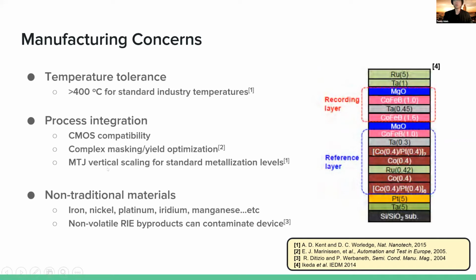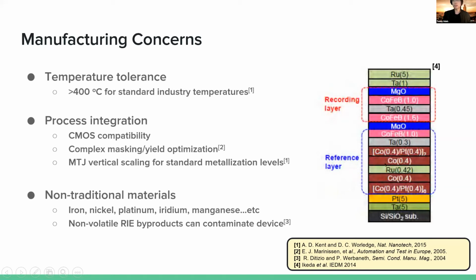And so one example of a practical concern would be your MTJ scaling needs to be small enough to fit between metallization levels in your conventional CMOS device. If it's too big, you're going to have to scale up your CMOS, and no one wants to do that for memory. And the third problem here is non-traditional materials. You can see here, this is just an example MTJ stack used for MRAM.